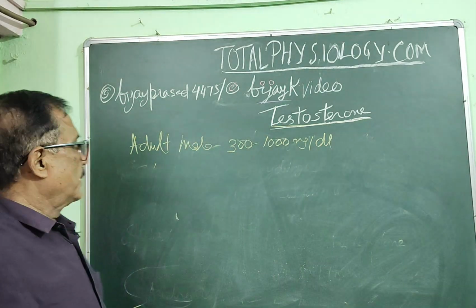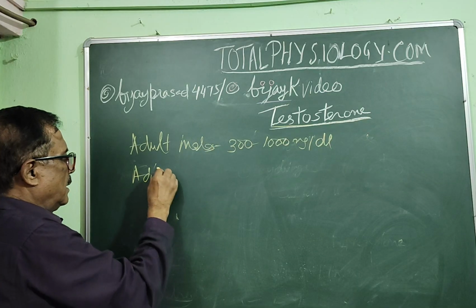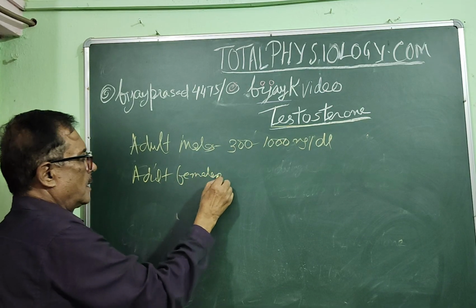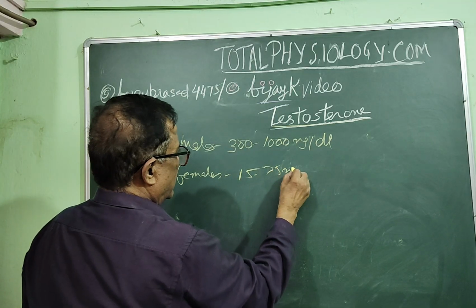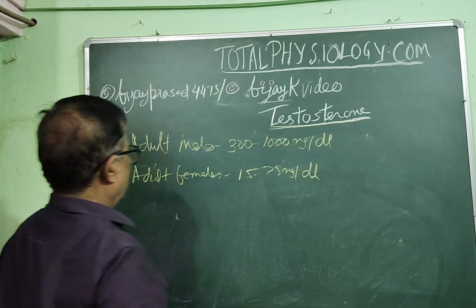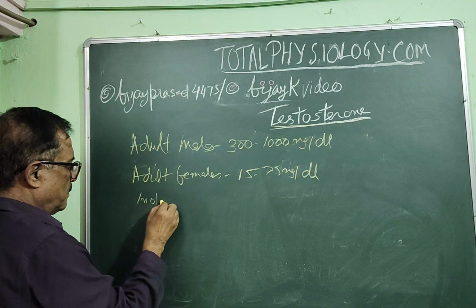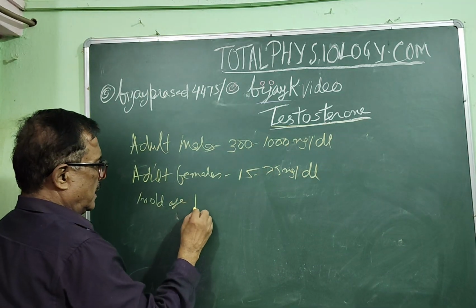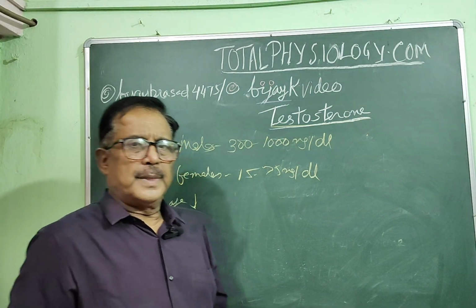In adult females, it is 15 to 75 nanogram per deciliter. In old age, the level decreases.